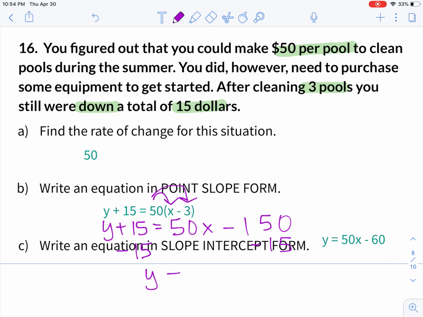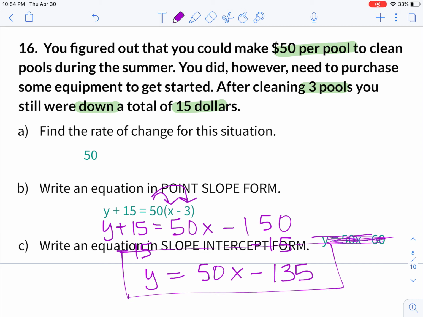And I get y is equal to 50x minus 165. Okay, so now I have equivalent equations. One's in point-slope and one's in slope-intercept.